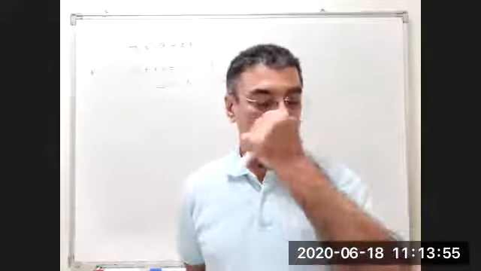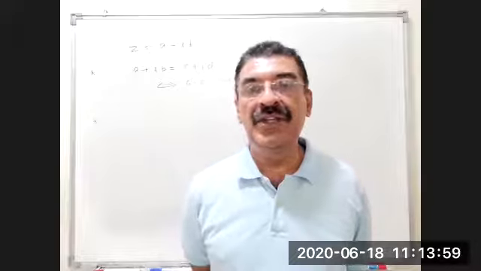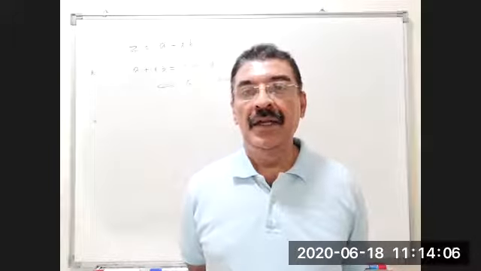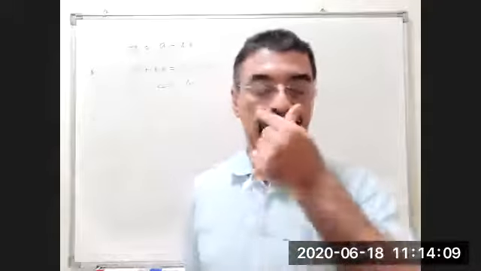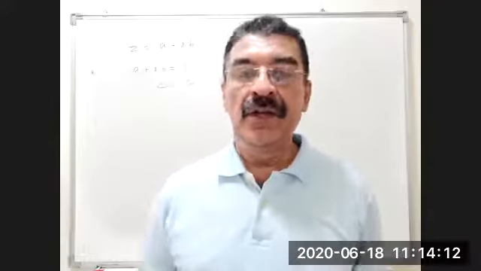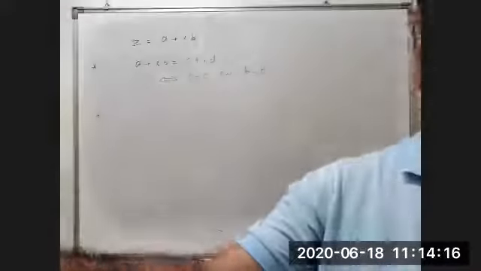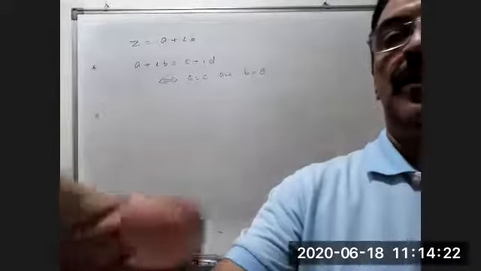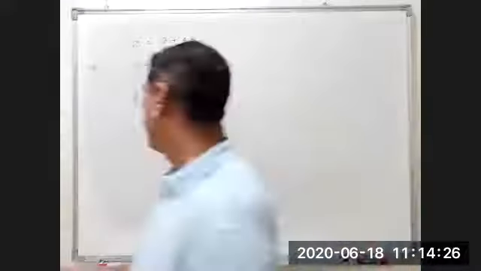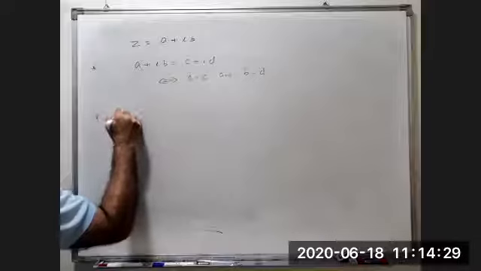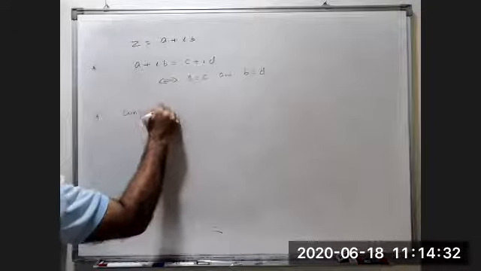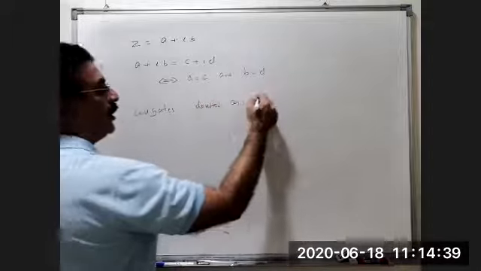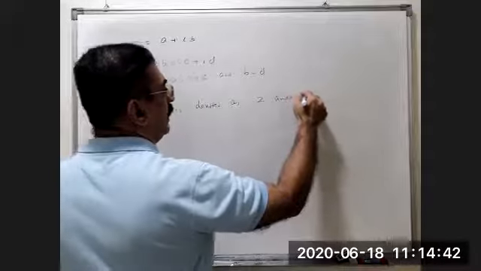Next one. Two complex numbers which differ in the sign of their imaginary parts are called conjugates, denoted as z and z bar.